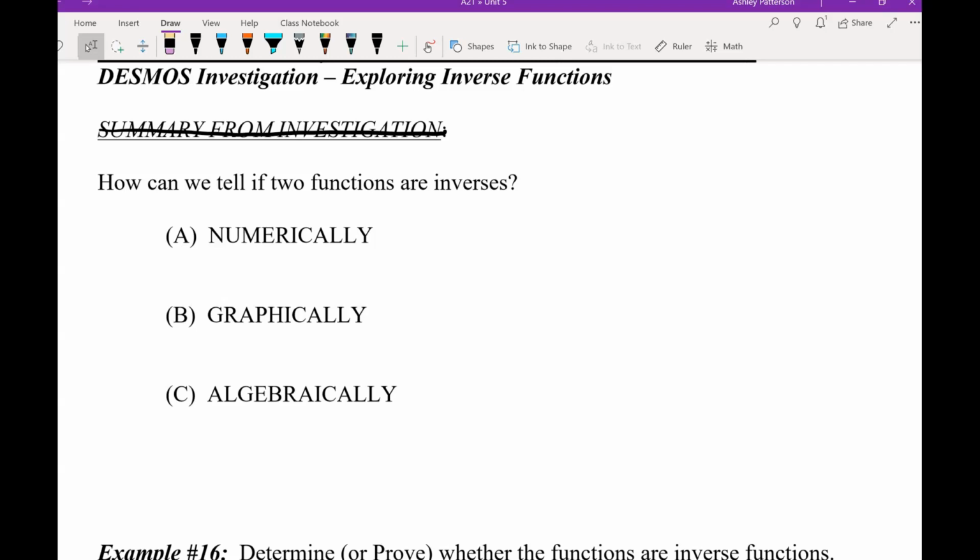So if I were to numerically test, well, the input generates an output from the function. Okay, so we have some x value that generates some corresponding y value.